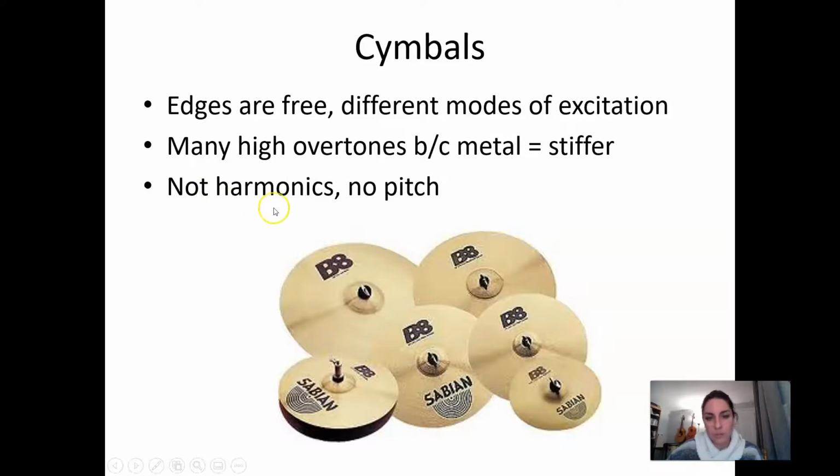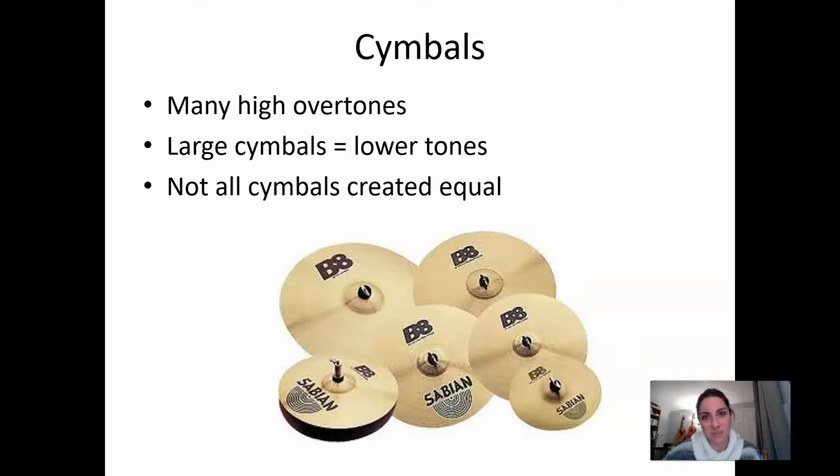There's no harmonics whatsoever, so it just sounds like a bunch of noise. But you get higher and lower noise depending on the size of the cymbal that you have. So exactly what I was just saying, you get lower tones with bigger cymbals, and not all cymbals are created equal. One of those is probably about $300, so they're very expensive.